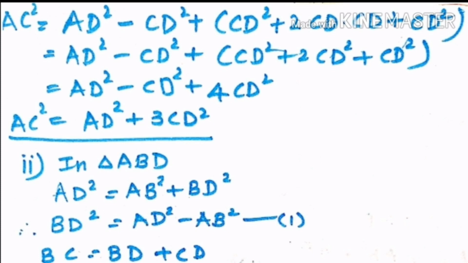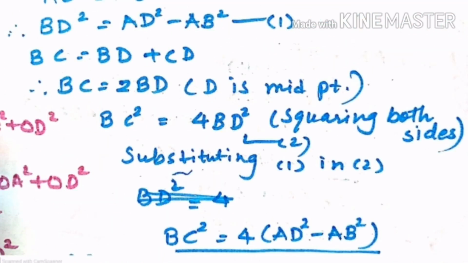Now students, BC is equal to what? BD plus CD. And BD and CD are same, so we can write BD 2 times as D is the midpoint. So BC is equal to 2BD.